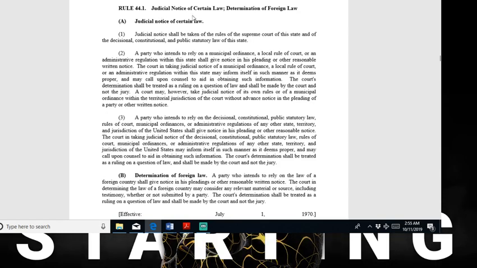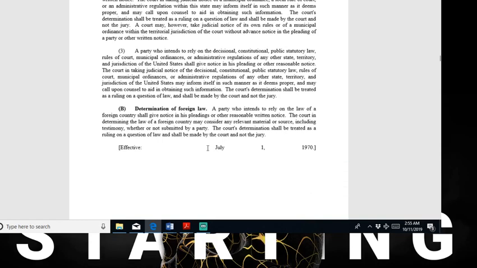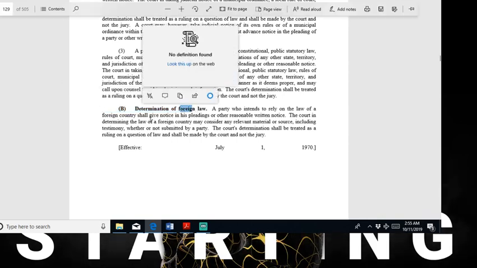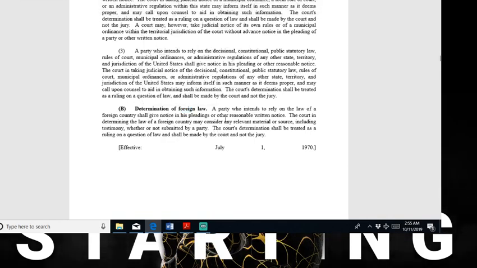This is judicial notice of certain law, determination of a foreign law. Remember, I told y'all before, foreign law is private. So I'm just going to break this down. It says, determination of foreign law. A party who intends to rely on a law of a foreign country shall give notice in his pleadings or other reasonable written notice.